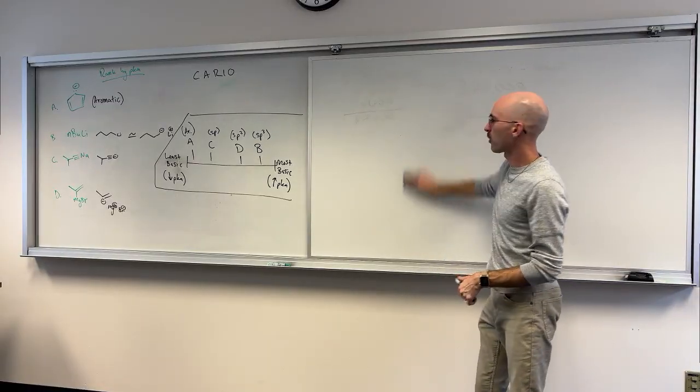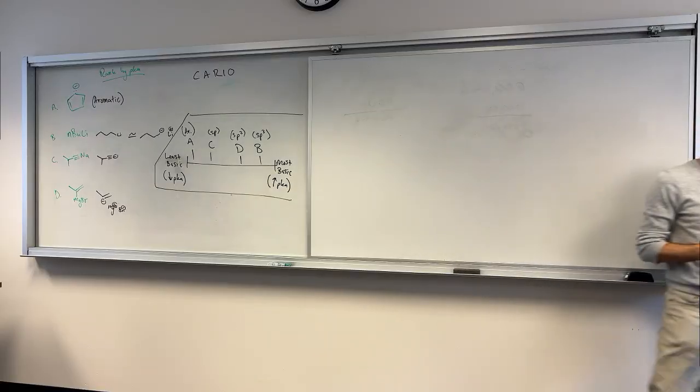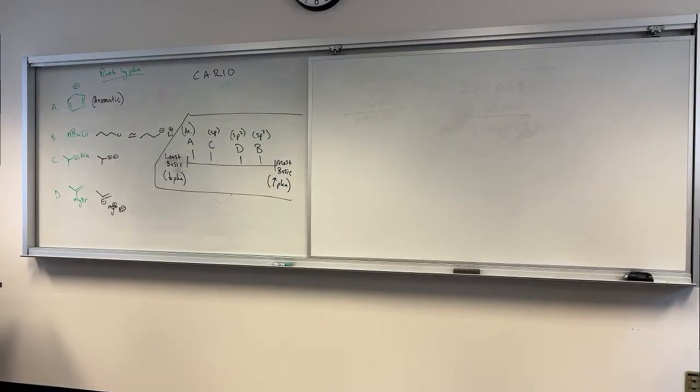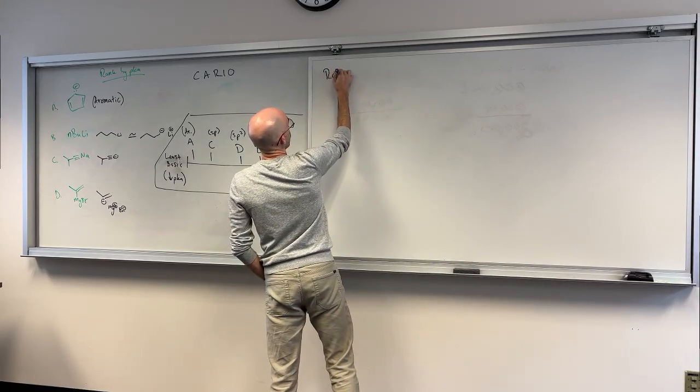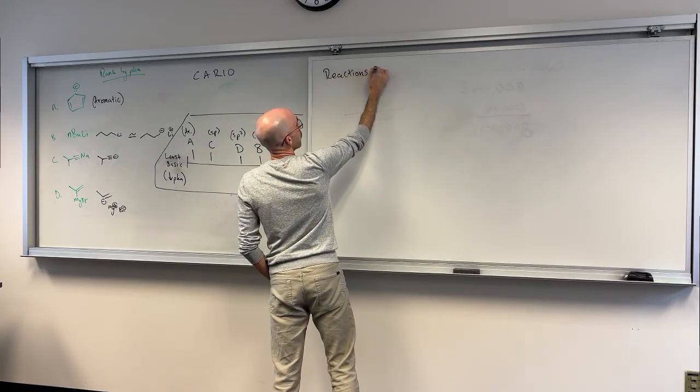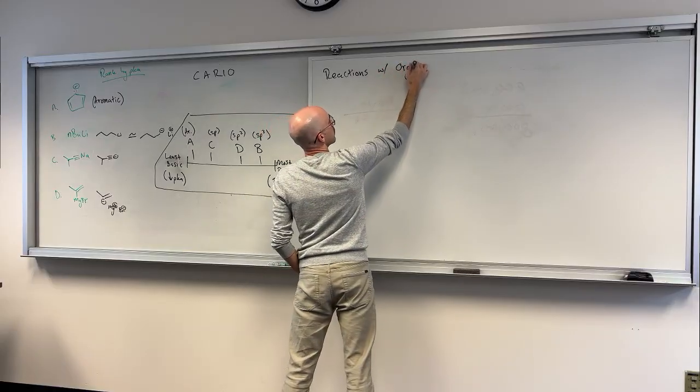All right, why do I bring up ranking the pKa of these compounds that we had worked to synthesize in our last class? Because today we're going to start with reactions with organometallics.